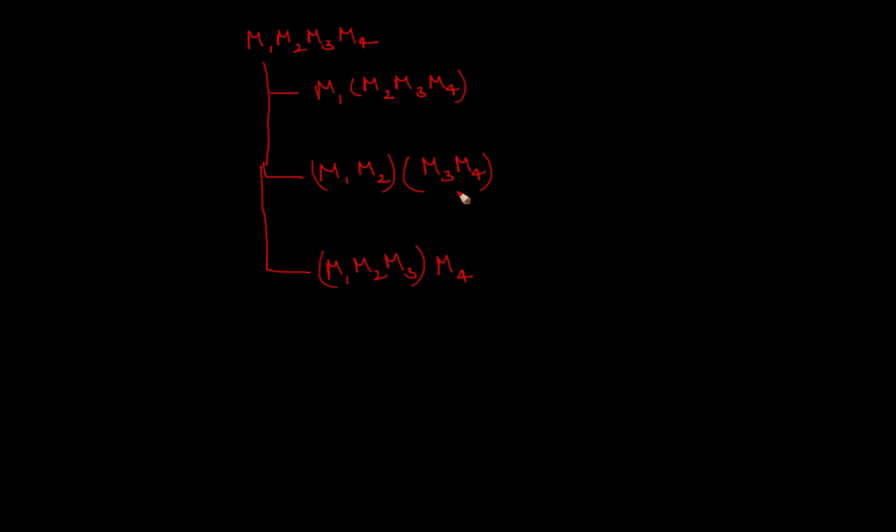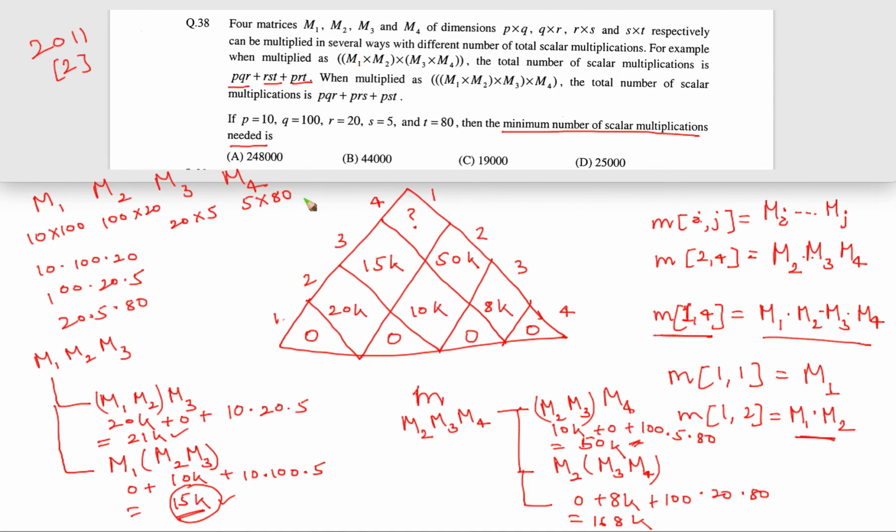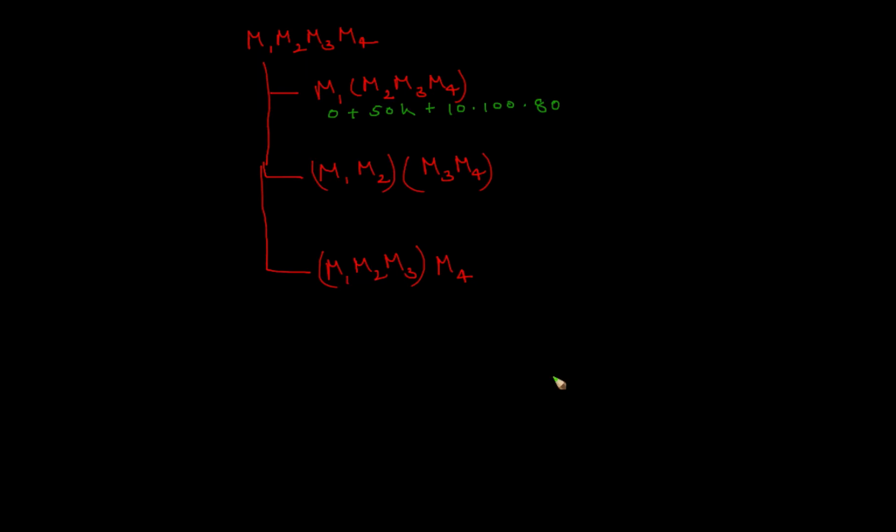So we write 0 plus 50,000 plus 10 cross 100 cross 80, because this is 10 cross 100 and the resultant matrix is 100 cross 80. You can see here, start with 100, end with 80, so 100 cross 80. This value finally comes out to be 130k.